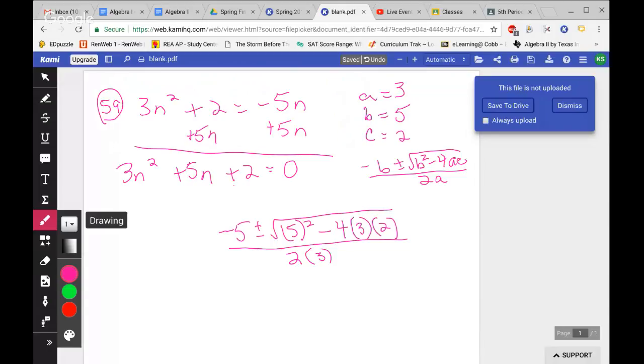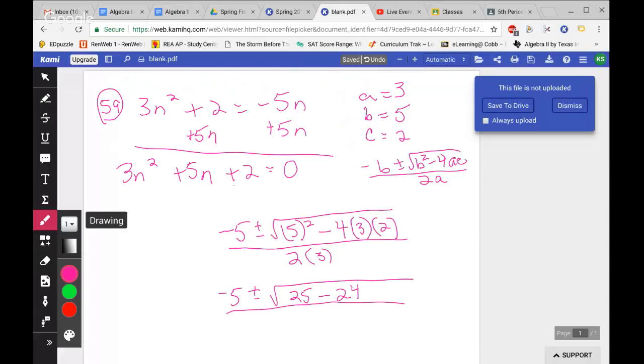So now we'll go in and do some of the calculations. We bring down our negative 5 plus or minus the square root. We have 5 squared, which is 25, minus 4 times 3 times 2, where 4 times 3 is 12, and 12 times 2 is 24.